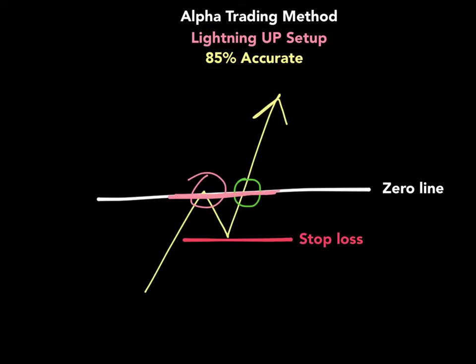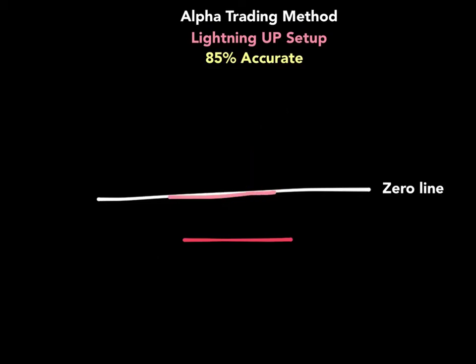Okay, so one more time, just for us to be clear here. The first move: we want to see the market, the price. I mean this line here, because it's not the price. I just want you to learn the setup first.